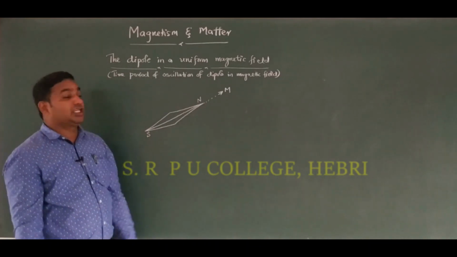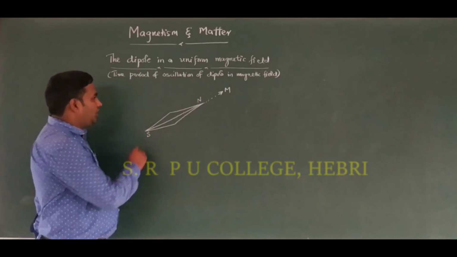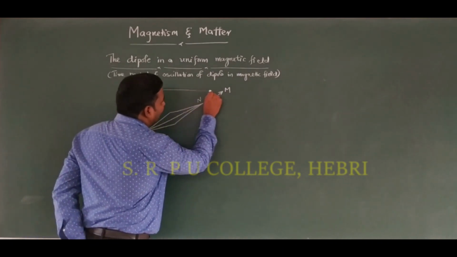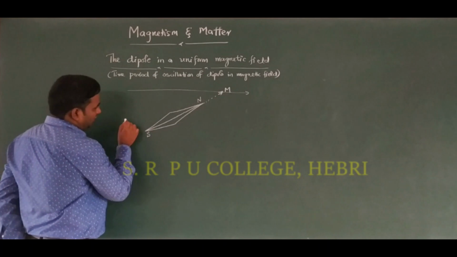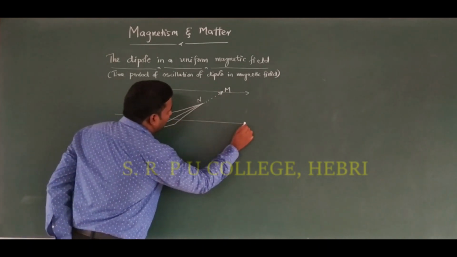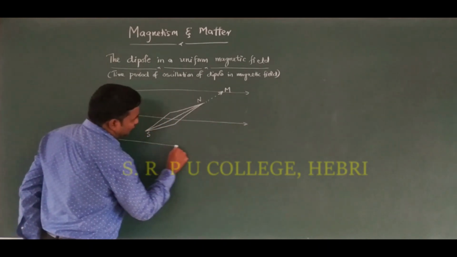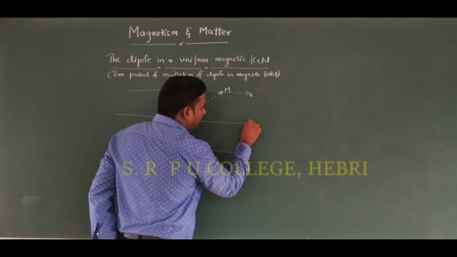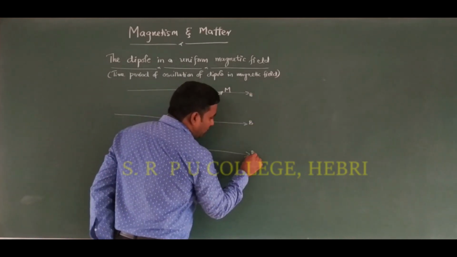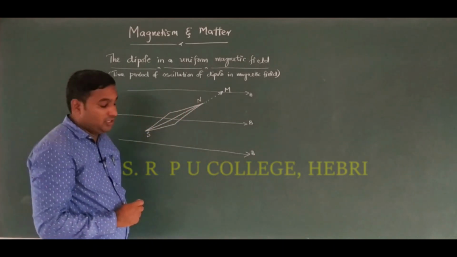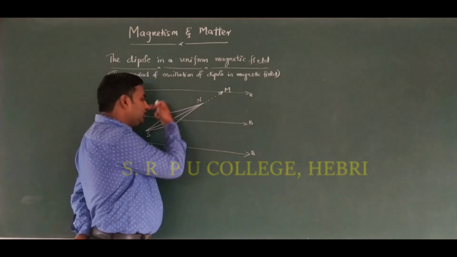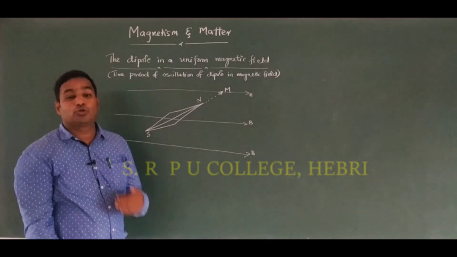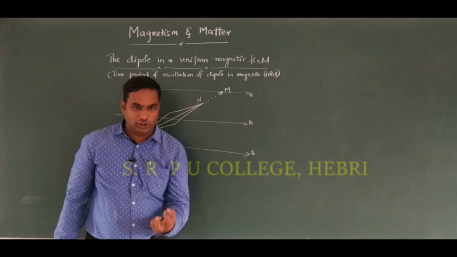This magnetic needle is kept in an external uniform magnetic field like this, denoted as B. Here automatically this magnetic needle undergoes deflection due to a torque called deflecting torque.